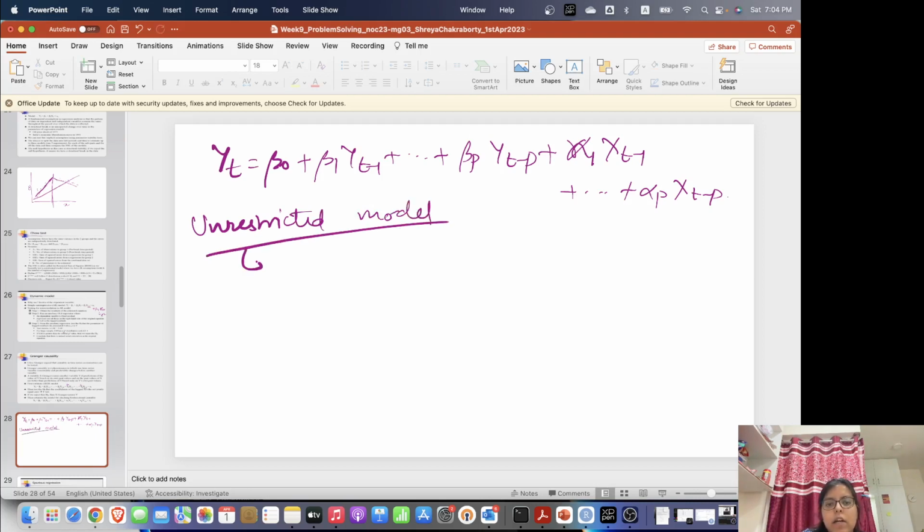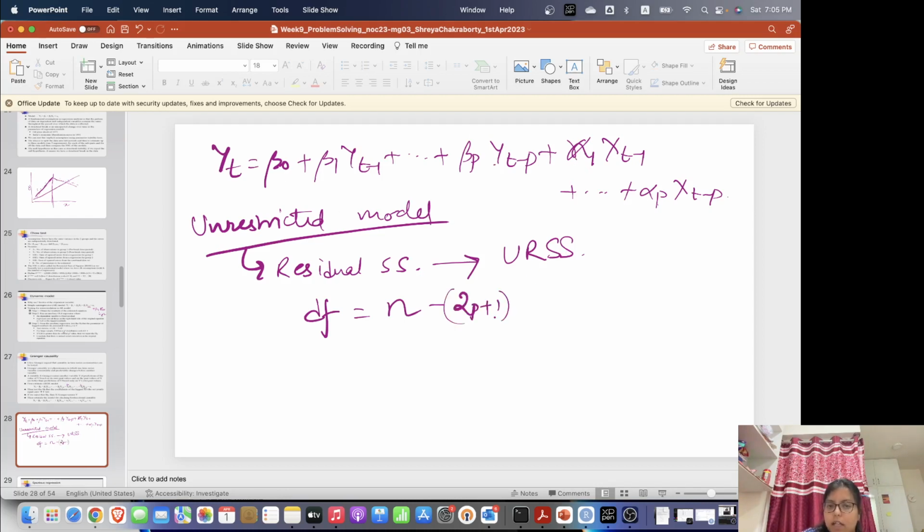If I fit this unrestricted model, from here I'm going to get a residual sum of squares, that will be my URSS, and the corresponding degrees of freedom will be the total number n minus the number of parameters that I am going to estimate. Here I have p parameters, here also I have p parameters, and 1, so we have 2p plus 1.